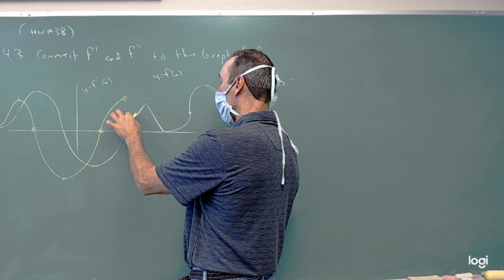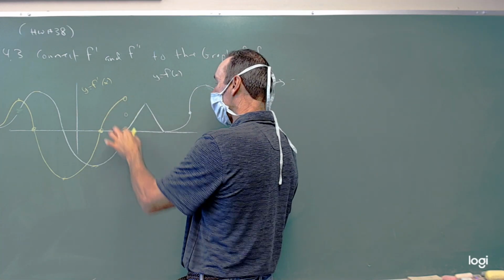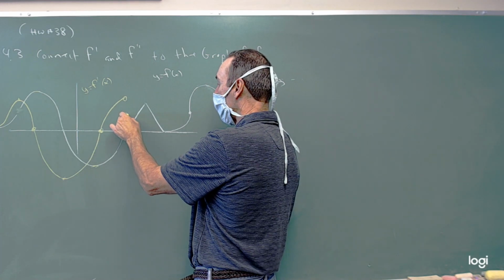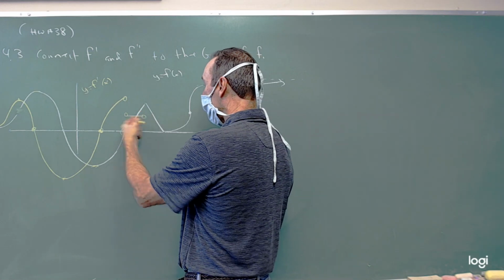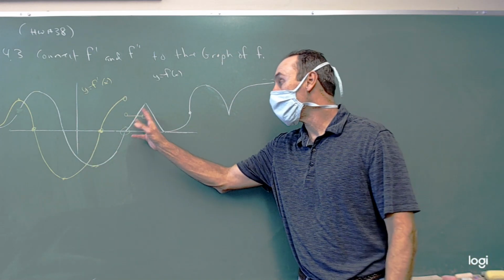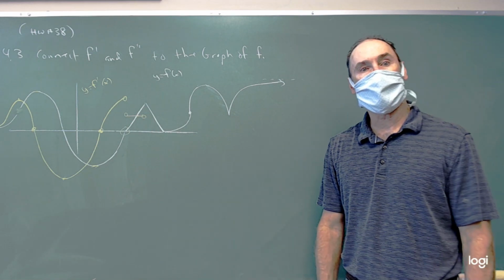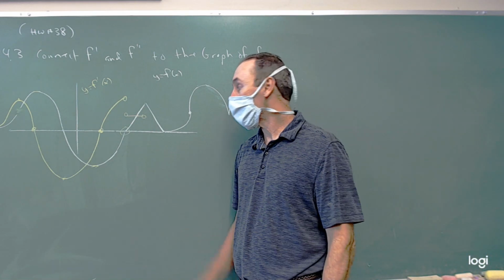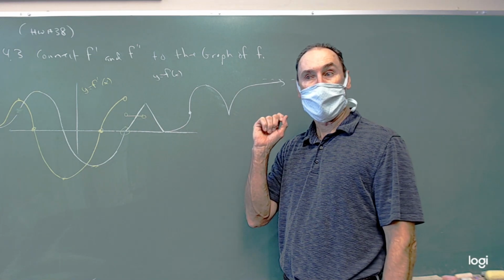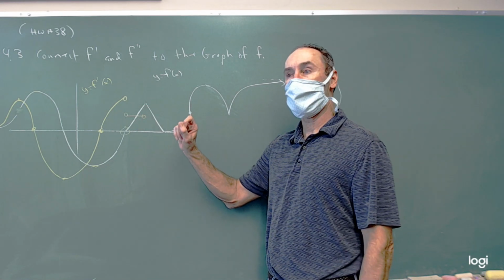And a straight line has a slope that is just the slope, and that's positive. So it's going to be a horizontal line at whatever that slope is. And I didn't put any scaling in there, so I don't really know what that slope is. But it's definitely positive, so it's going to be above the x-axis. You okay with that?